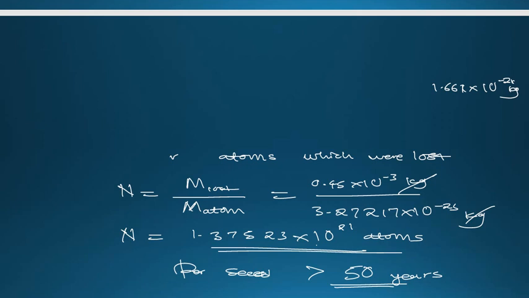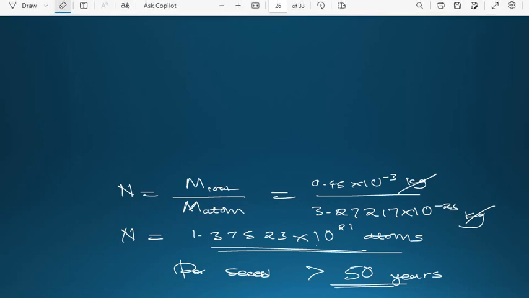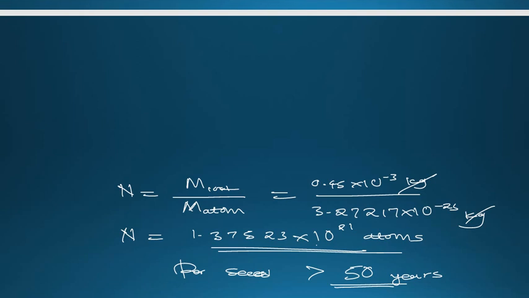My mouse is not working perfectly. I can also erase here. So our aim is to convert 50 years. Can't see my pen there. Okay, thank God.